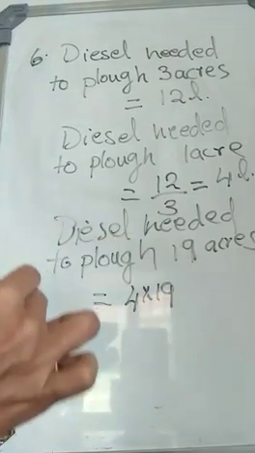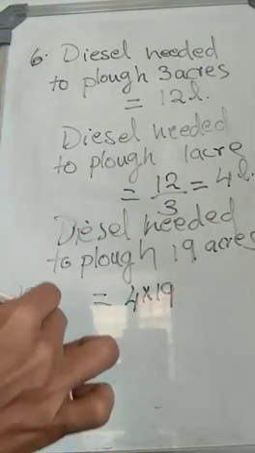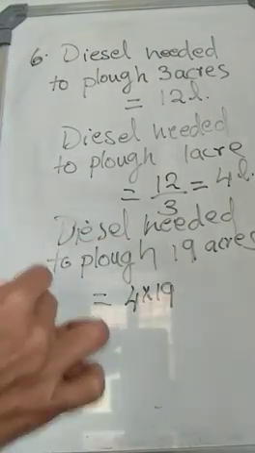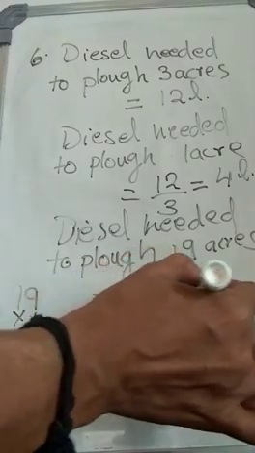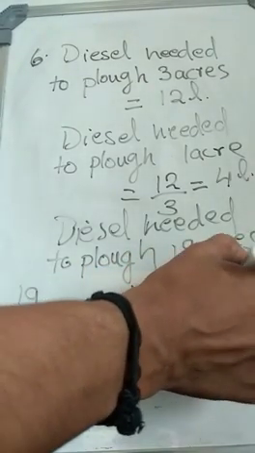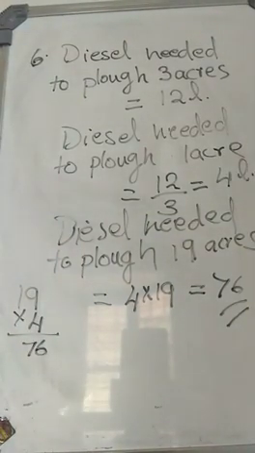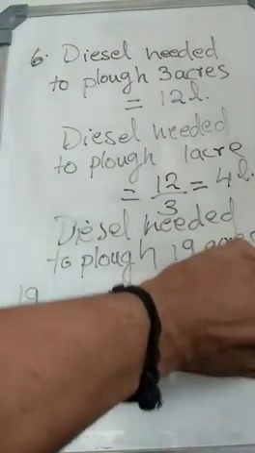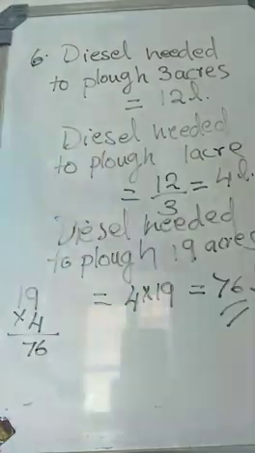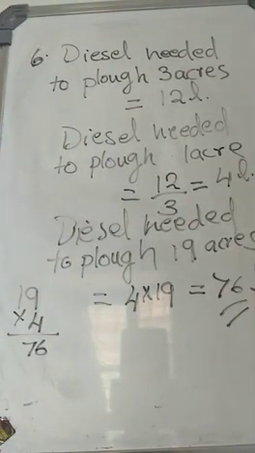What is 4 into 19? 36. 3 carry 7. 76. Okay. So 76 is the answer. 76 liters of diesel. Okay. That is the answer.